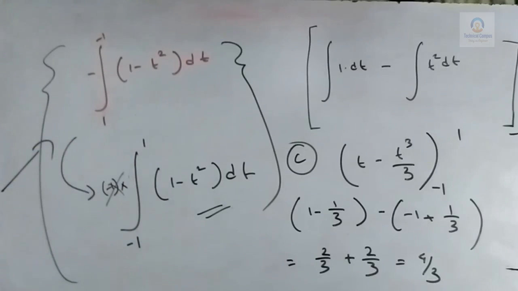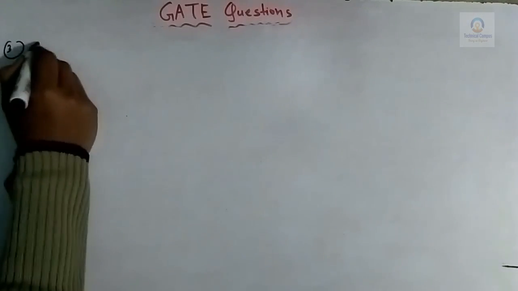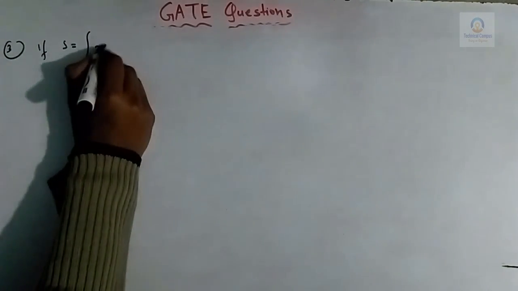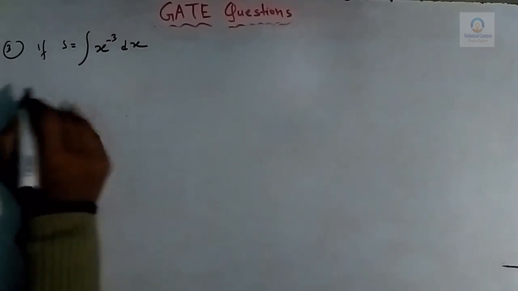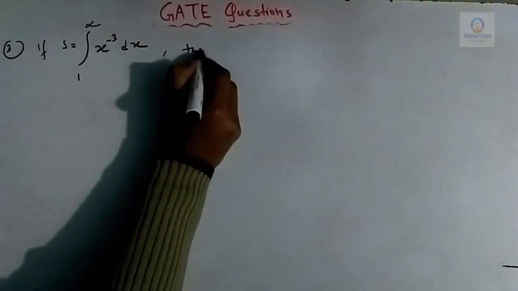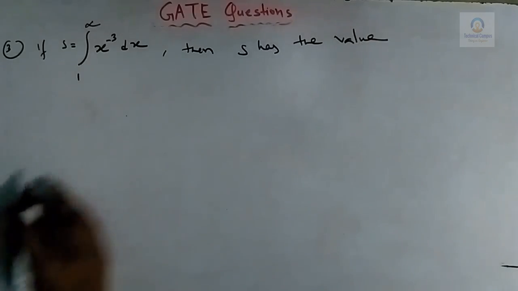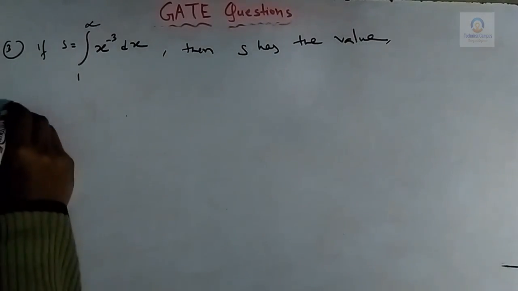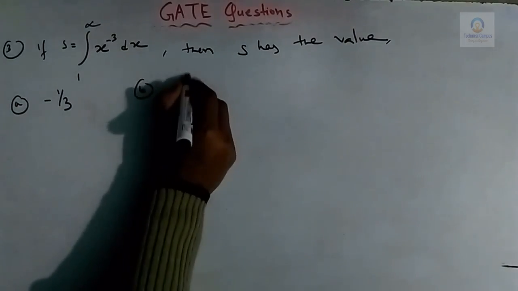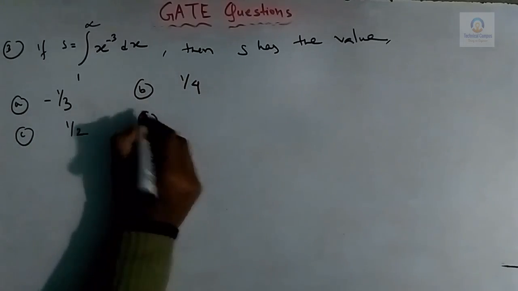So let us take the third question. The third question is, if s is equal to integral of x to the power -3 dx and the limit of integration is 1 to infinity, then s has the value, in option A it is -1/3, in option B it is 1/4, option C it is 1/2, and option D it is 1.